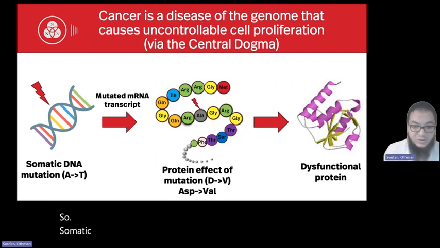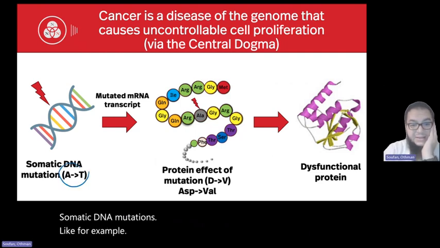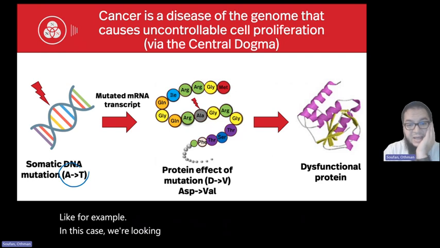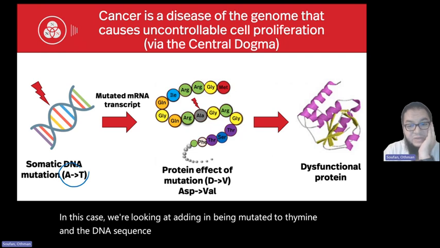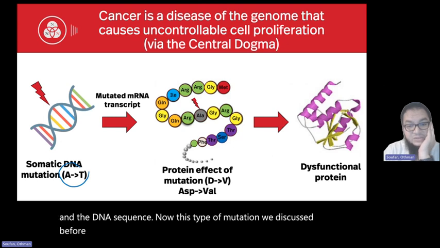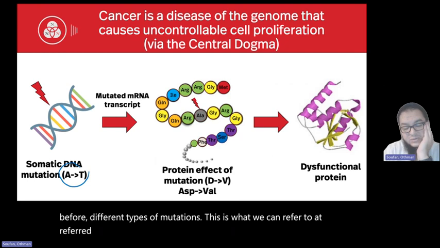somatic DNA mutations, like for example, in this case, we're looking at adenine being mutated to thymine in the DNA sequence. Now, this type of mutation, we discussed before different types of mutations. This is what we can refer to as the point mutation.